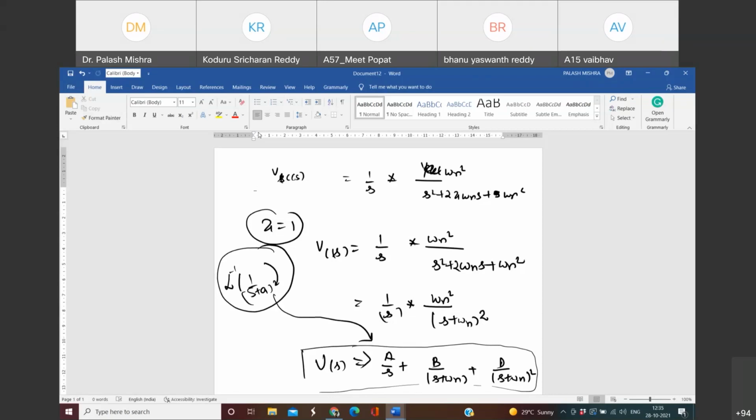I'm leaving this as an exercise, but this derivation may come in the exam. If you are able to get it, then you can write the time domain expression for this equation. Any doubt in this? In the next class, I'm expecting this answer from you. I'm not going to solve this.